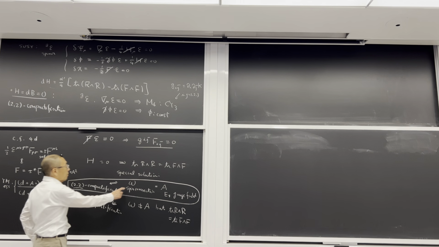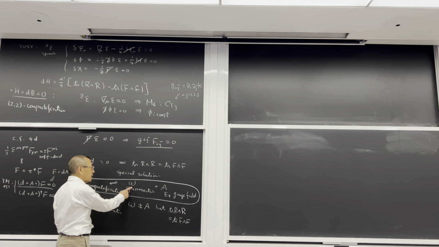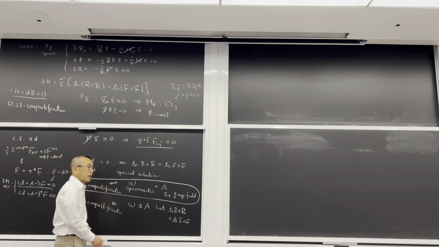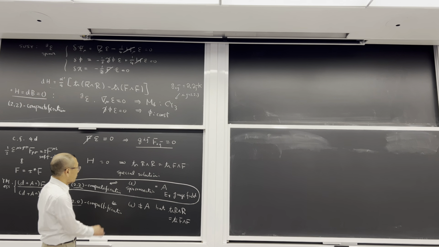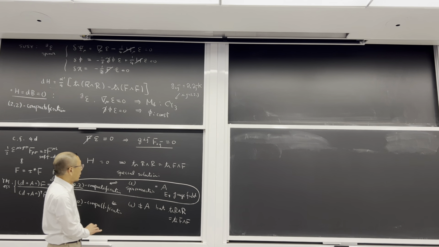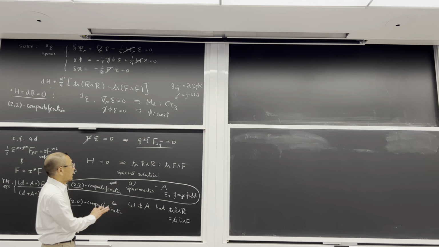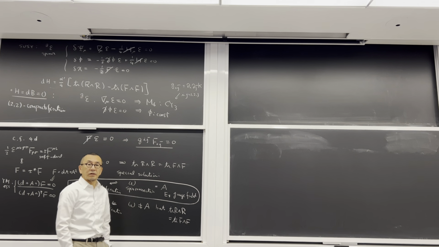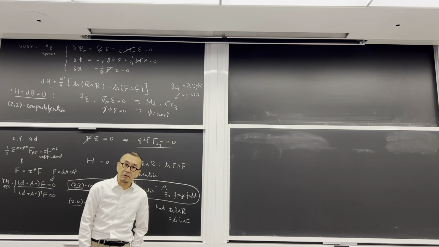Now, if we impose omega is equal to A by the Calabi-Yau condition, then omega satisfies a certain equation, because omega is the spin connection, so it's determined by the Calabi-Yau geometry. Then from that, this equation is automatically implied.